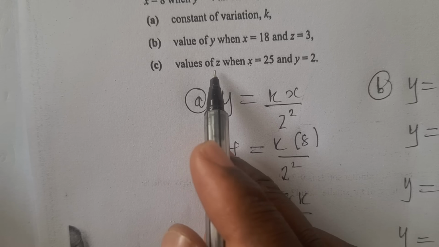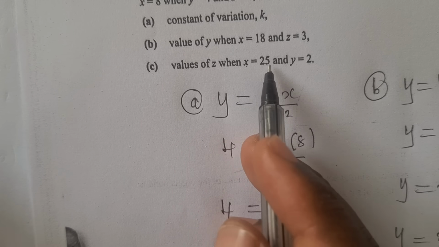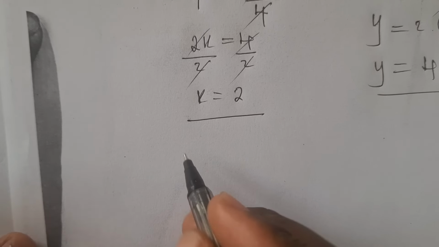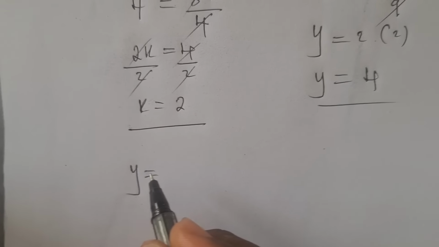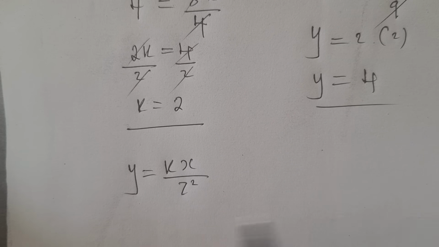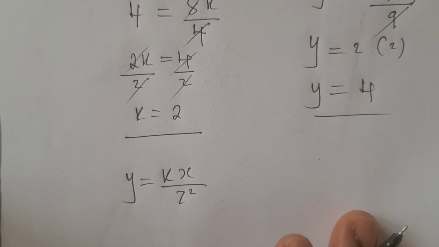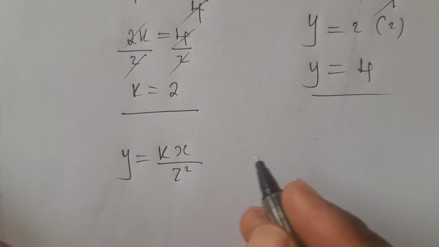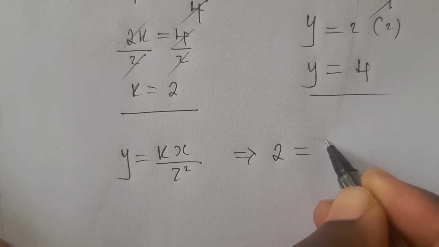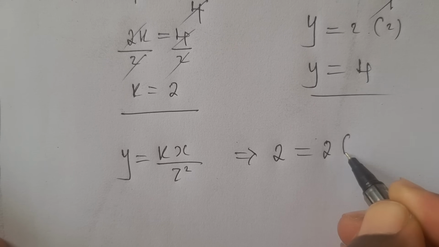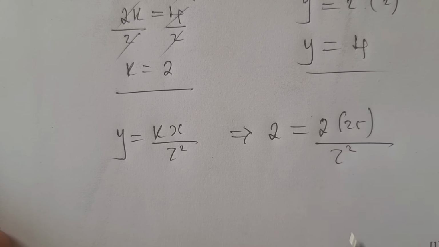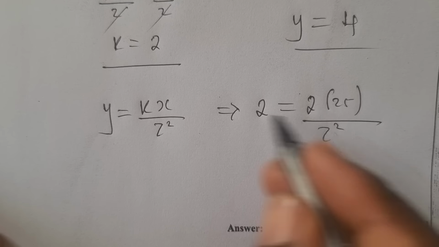So we want to find the value of z when x is equal to 25 and y is equal to 2. We're using the same equation, y is equal to kx over z squared. They've given us the value of y to be 2, k we know is 2, and x they've given us as 25. And then here we've got z squared, so we are looking for z.